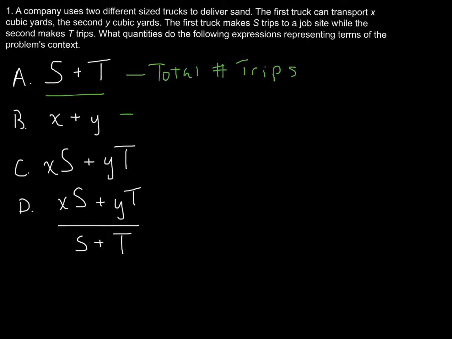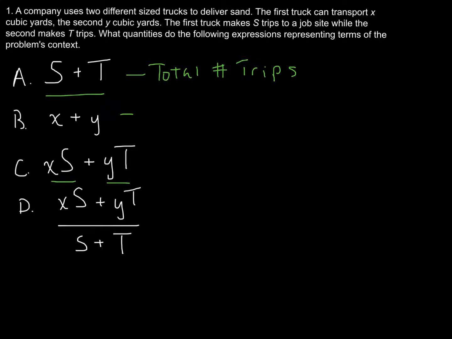C, X times S plus Y times T. So here we have two separate things. We want to understand each of them individually before moving on to the whole piece. So X is the number of cubic yards, and S is the number of trips that the first truck makes.